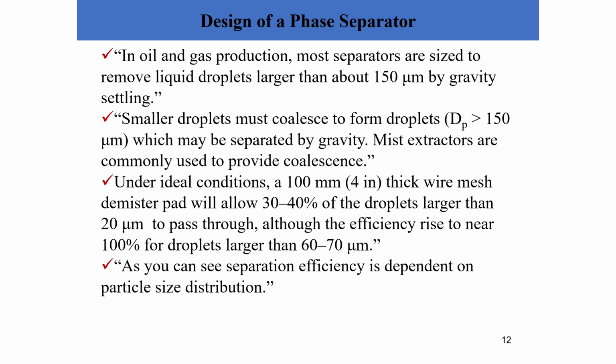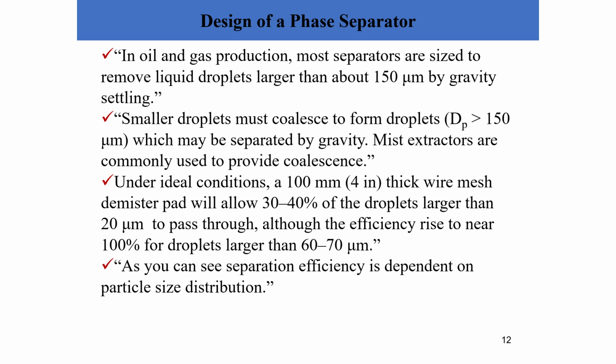Okay, now normally for the design in the oil and gas industry, you will be looking at a gas-liquid separator that will deal with water droplets around 150 micrometers. The common practice is that if your liquid droplet is around 150 micrometers and up, then gravity settling will be good enough to remove this water droplet.